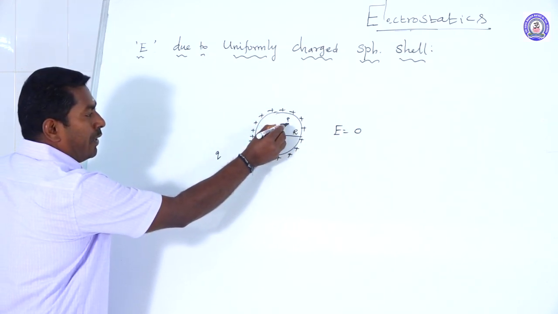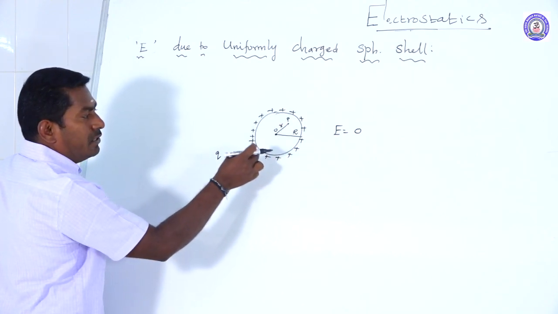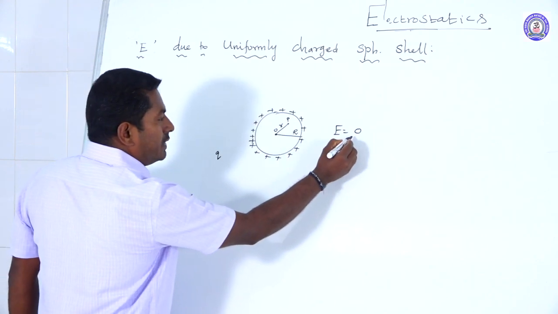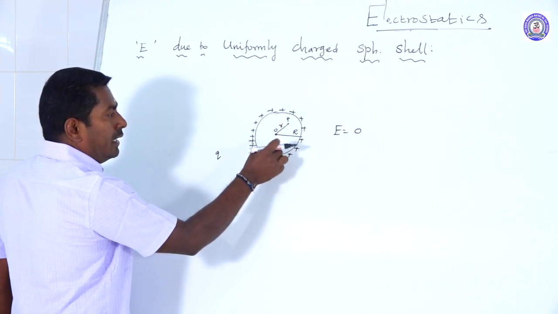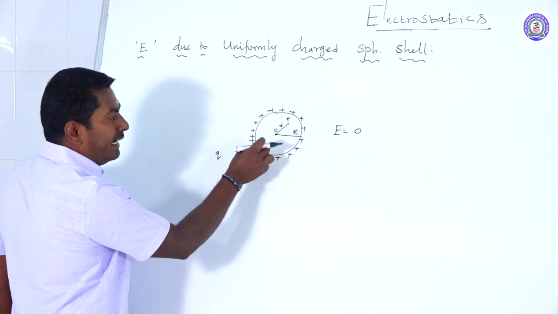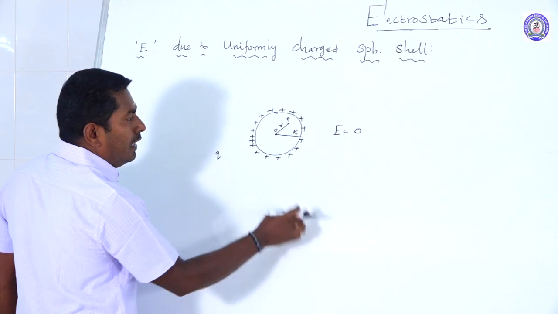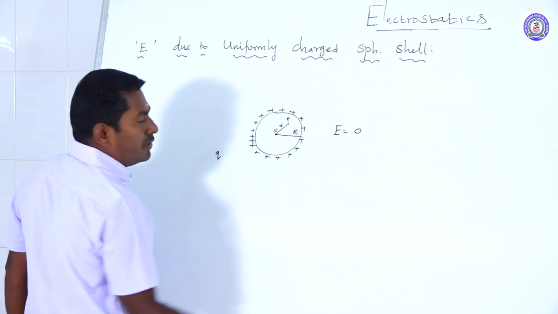Not only at this point, at any point inside the uniformly charged spherical shell, electric field is 0, because electric field is a vector quantity. At any point inside the shell, the resultant electric field gets cancelled. At any point inside the uniformly charged spherical shell, E is equal to 0.